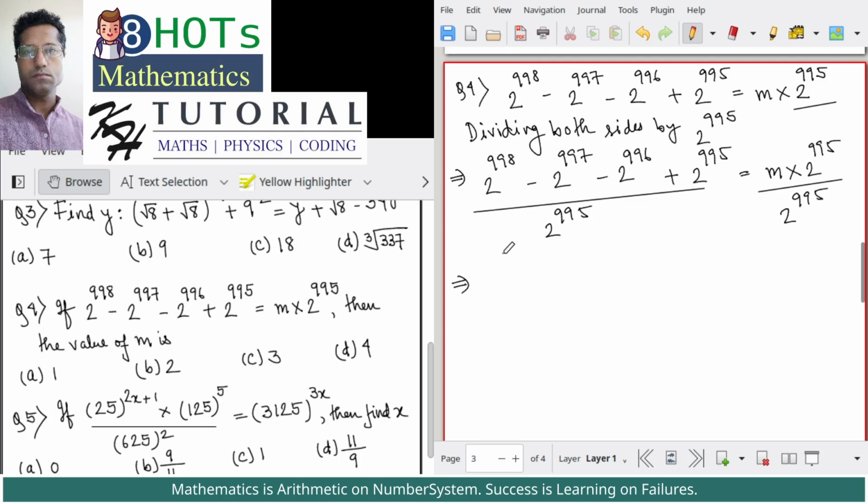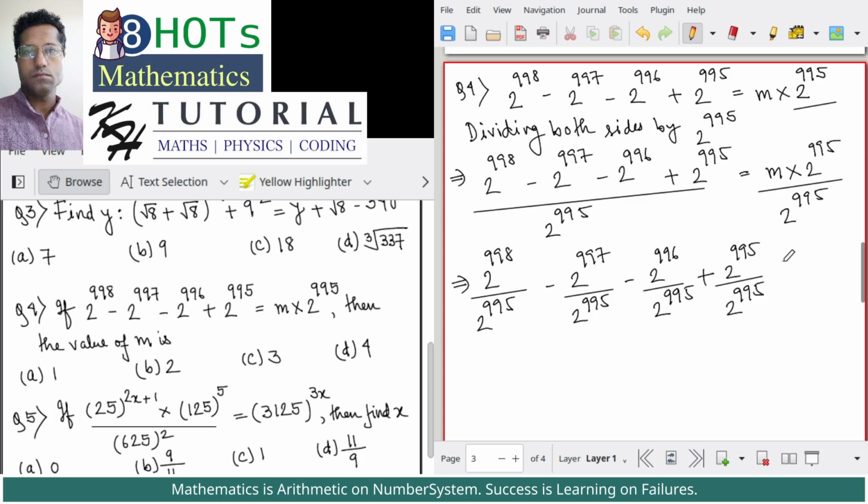So this will be 2 to the power 998 divided by 2 to the power 995 minus 2 to the power 997 divided by 2 to the power 995 minus 2 to the power 996 divided by 2 to the power 995 plus 2 to the power 995 divided by 2 to the power 995. The right hand side becomes m.